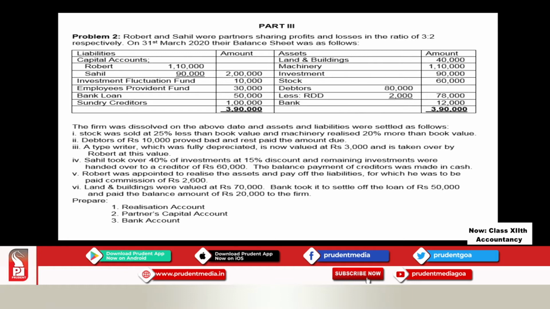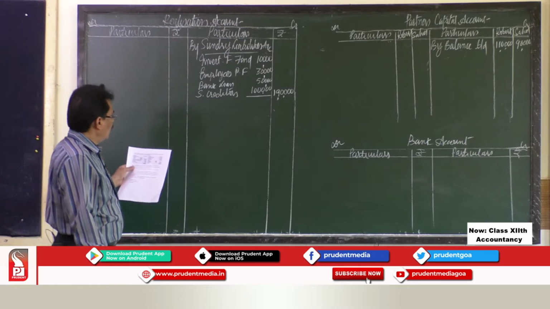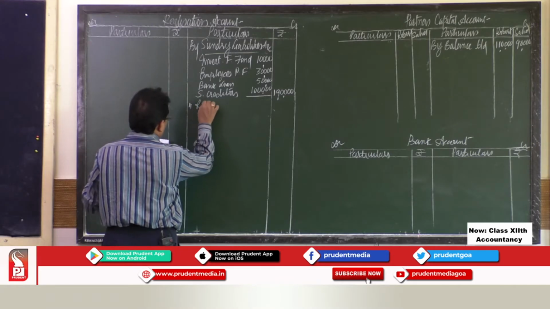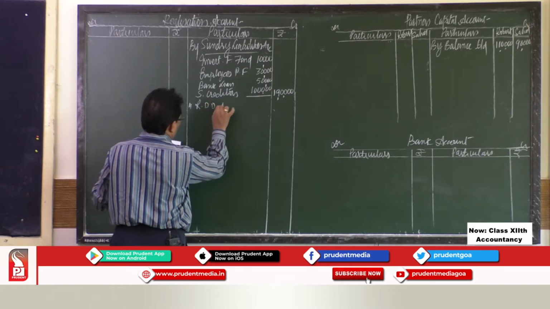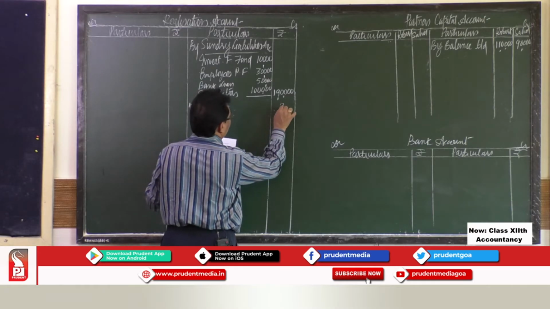Stock is also a realizable asset. Debtors is given at the gross value and net value; you have to transfer only the gross value, and that RDD can be written here, by RDD account rupees 2,000.